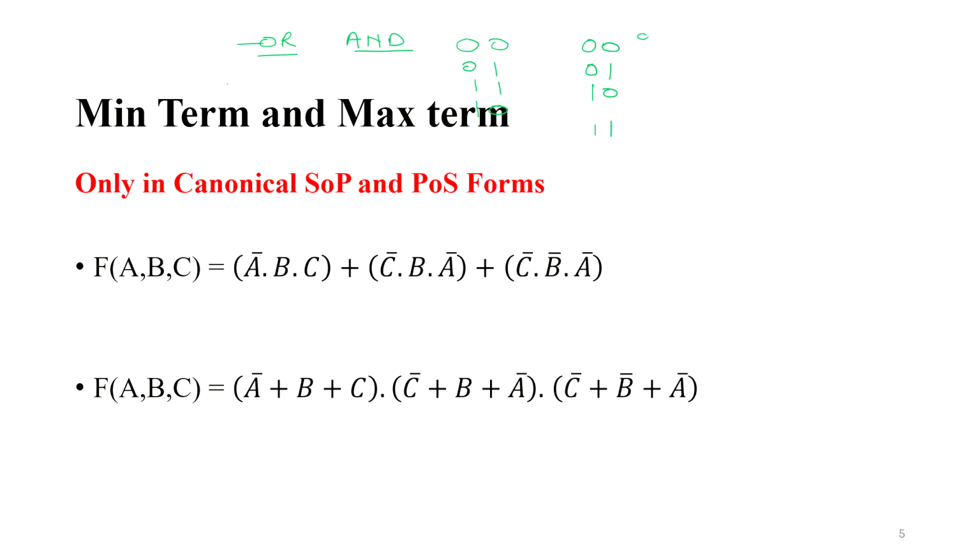For the OR gate and for the AND gate, what would be the output? For the OR gate, for 0 0, the output is 0. For the AND gate, it would be 0. You will get 1 here, 0 here, 1 here, and again 1 here.